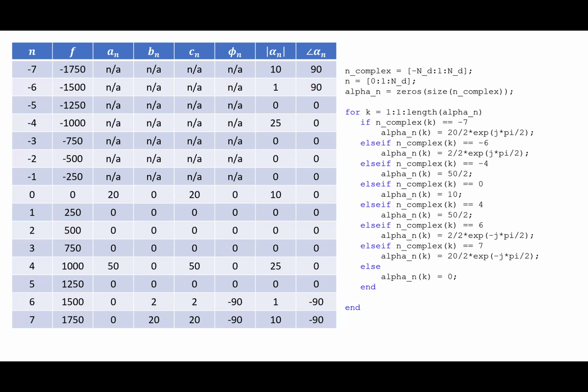Real quick, I want to take a look at what I did here. I've got a for loop. I was trying to make a piece of code that would figure out for me what the coefficients were. Now, in your homework, I ask you basically to give me a vector that has an, bn, cn, phi n, alpha n. You could make them by hand, and you might want to.